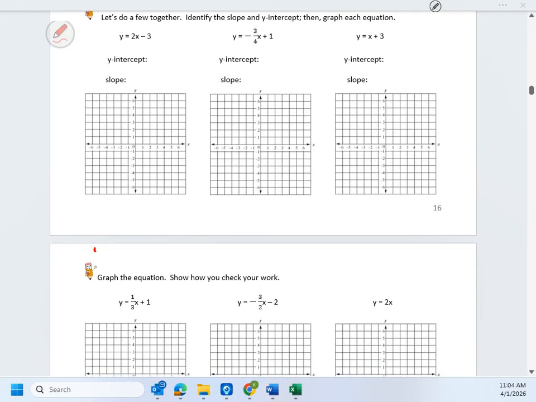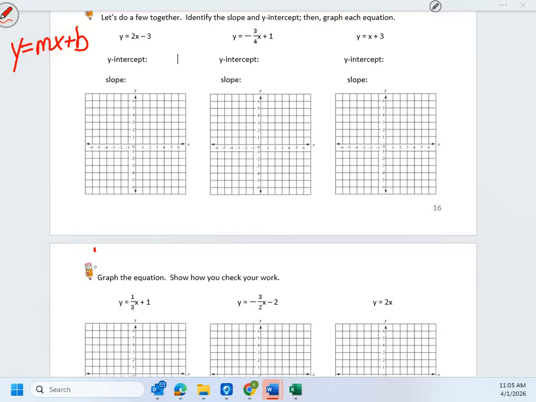So I'm going to rewrite it. Our equation is y equals mx plus b. Okay, you have it at the top of your paper. We can see our equations are already set up in that y equals format.